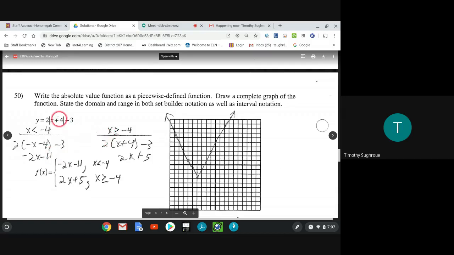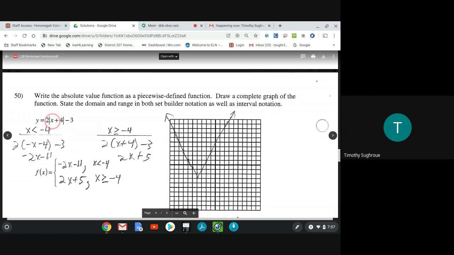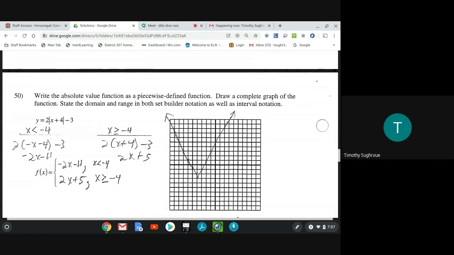Where if x is greater than or equal to -4, and again, the equal to could be here or here, it really doesn't matter. But if I pick a number like -3, I get a positive number. -2, I don't have to do anything. I can just eliminate the bars. I do not have to do anything with the argument because I'm already going to get a positive out every time the number is greater than or equal to -4.